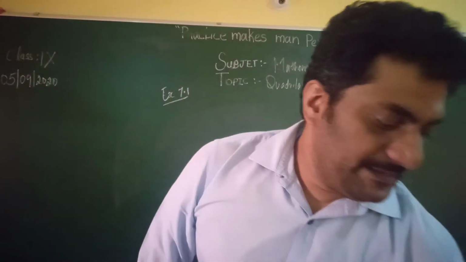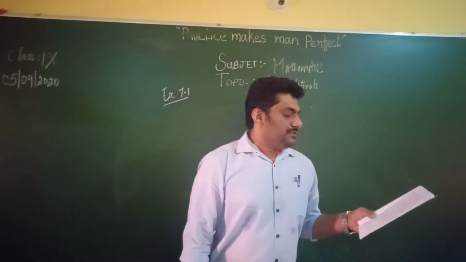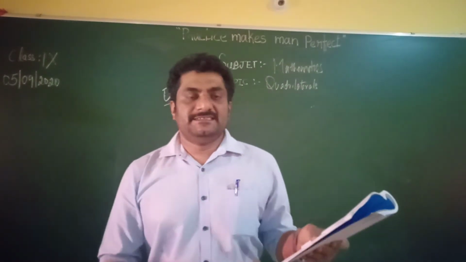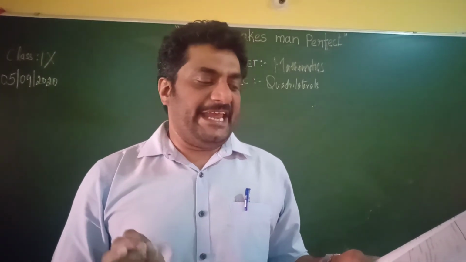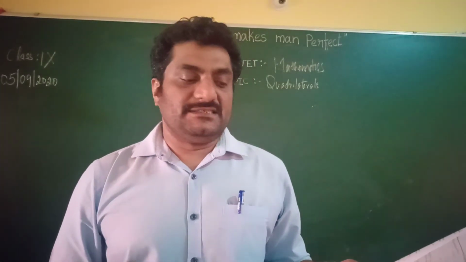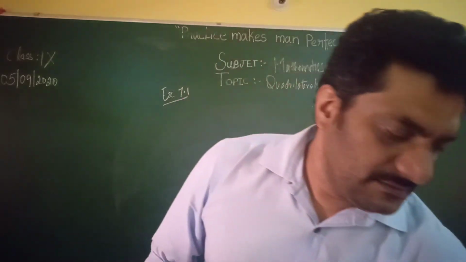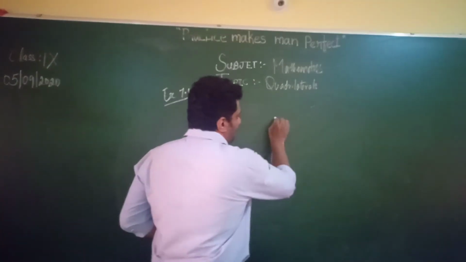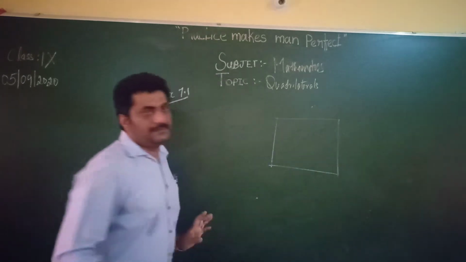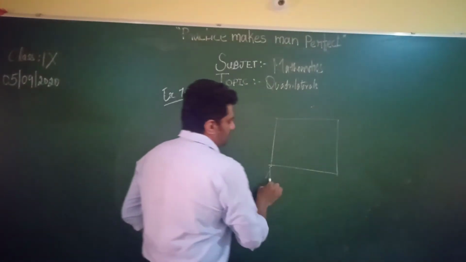Let's see what we have in the next one. Show that if the diagonals of a quadrilateral bisect each other at right angles, then it becomes a rhombus. That means I have a quadrilateral. Okay? This is the quadrilateral.